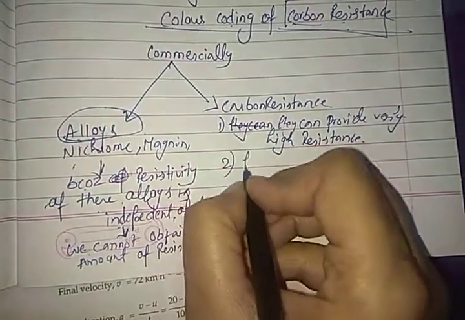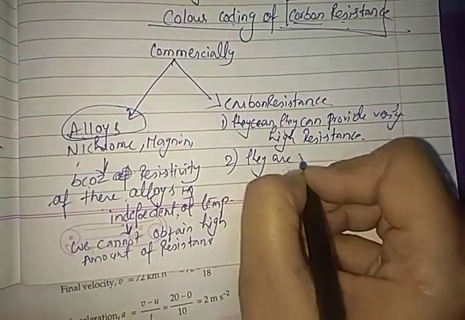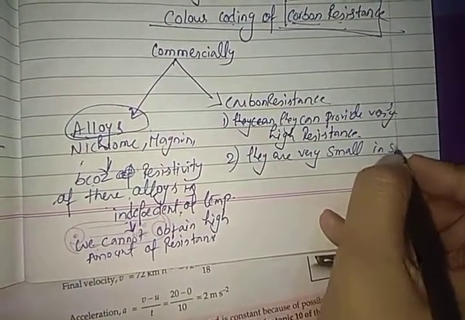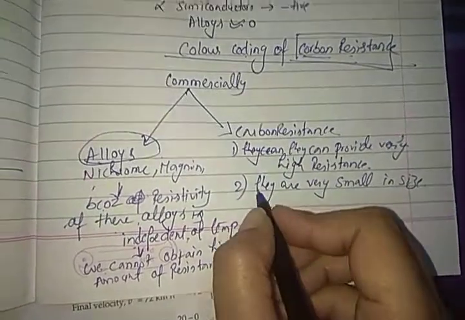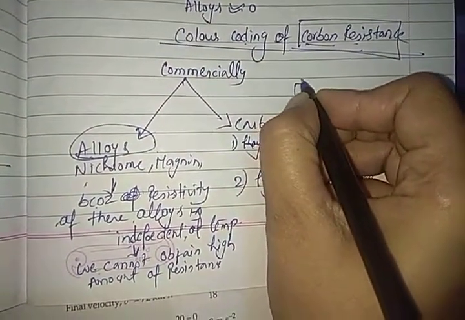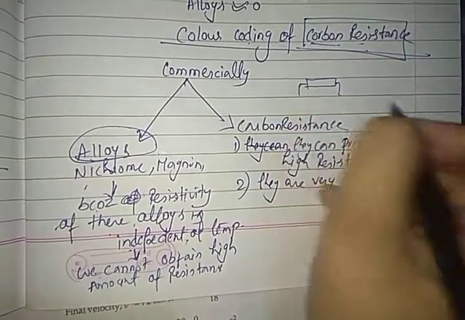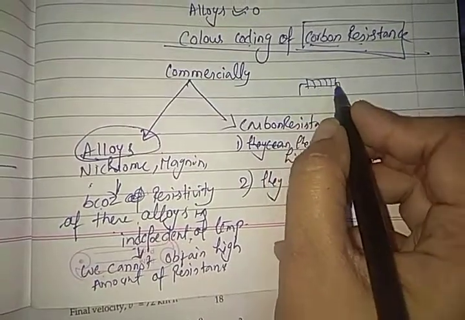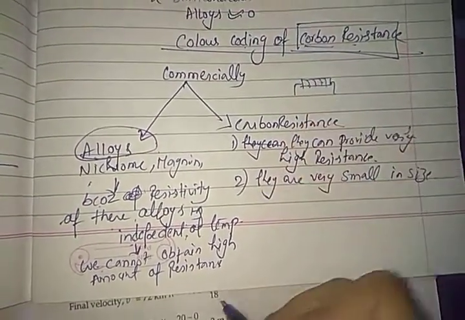They are very compact, very small in size. If you have seen some smaller kits at your home, you can see the resistance. They have 2 legs, and bands of colors are there, 4 in number. 1, 2, 3, 4.